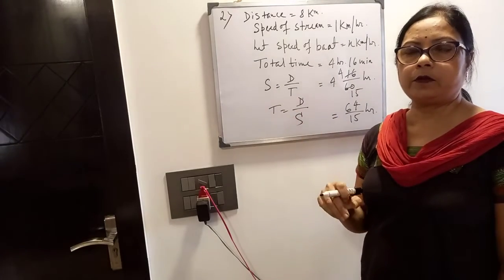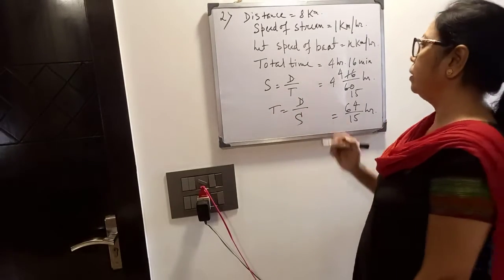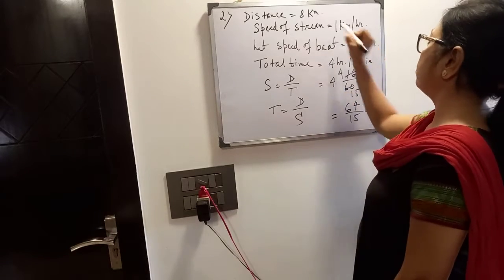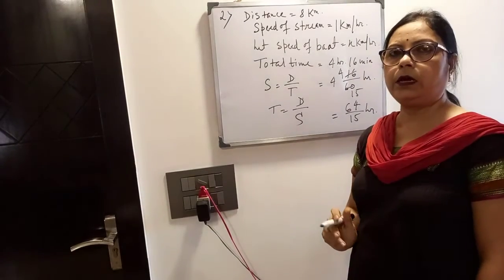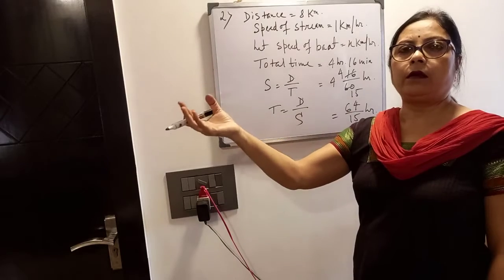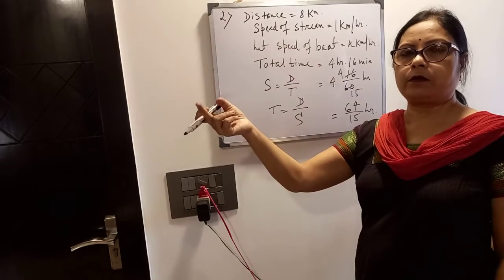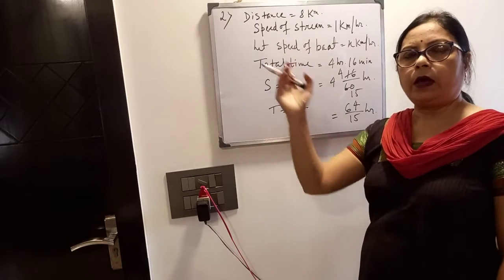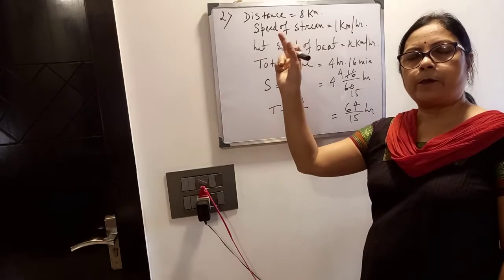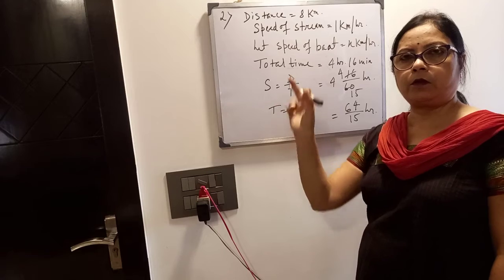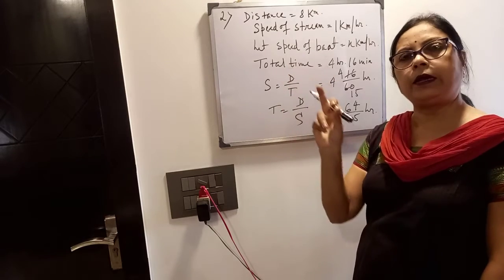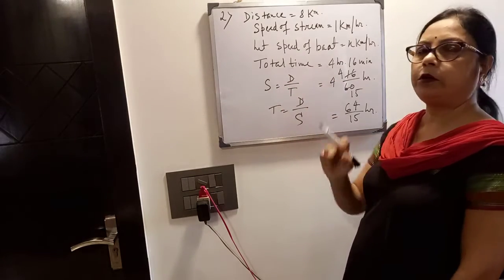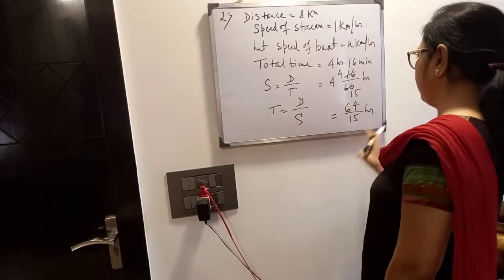And when the boat is returning, the time will be 8 by x minus 1 hour. So when going, the time is 8 by x plus 1 hour, and when returning, the time is 8 by x minus 1. If I add these two, I will get the total time.